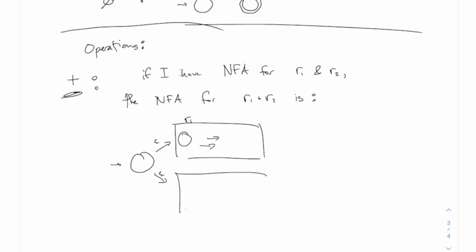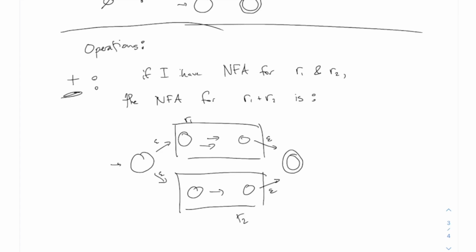And then down here, it goes into the NFA for R2, right? And because I said I want always to have a single accepting state when I do these constructions, whatever accepting states there were in there, I'm not going to make them accepting, but I will tie the end states by epsilons into a single accepting state here.